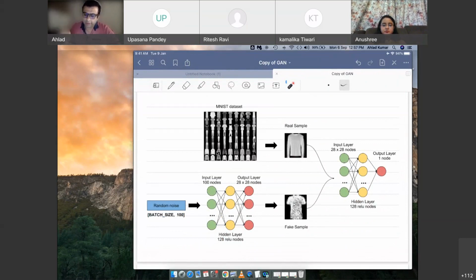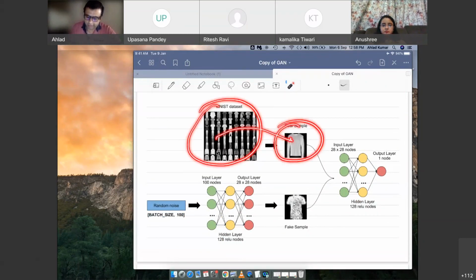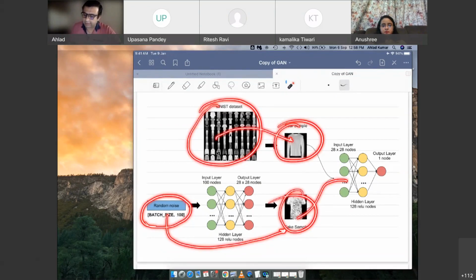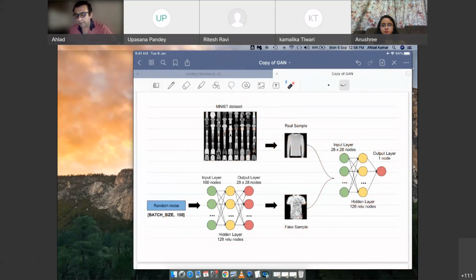As you can see, we have a real data set from where you take a real sample, and a noise from where you create a fake sample, and then you use the discriminator to discriminate between the real and the fake. This is the same thing with the MNIST dataset, which is quite famous for testing. It's a toy dataset, not for research, but for a proof of concept. If people want to try something, they start with this dataset.